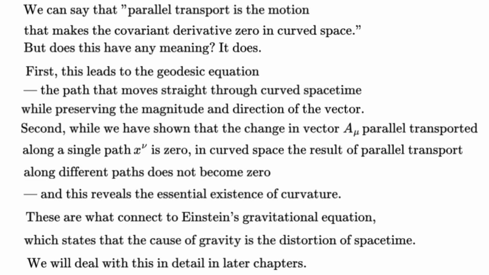And this reveals the essential existence of curvature. These are what connect to Einstein's gravitational equation, which states that the cause of gravity is the distortion of spacetime. We will deal with this in detail in later chapters.